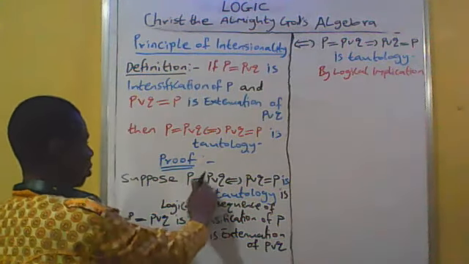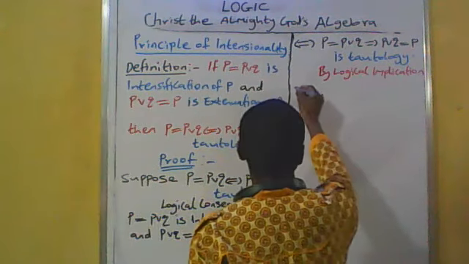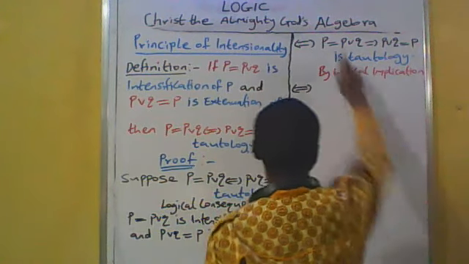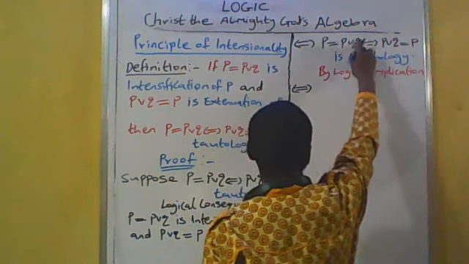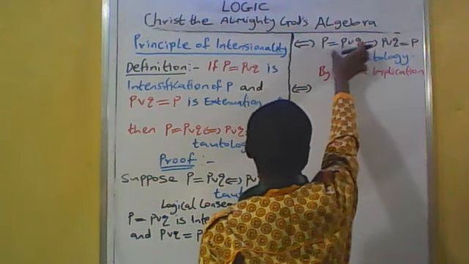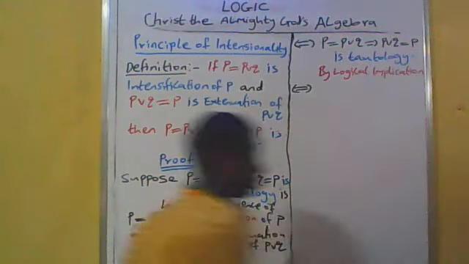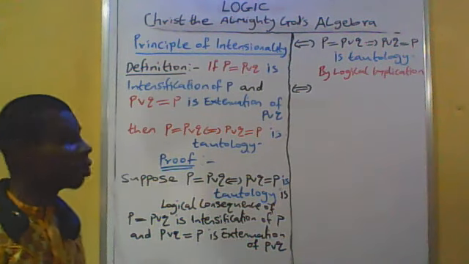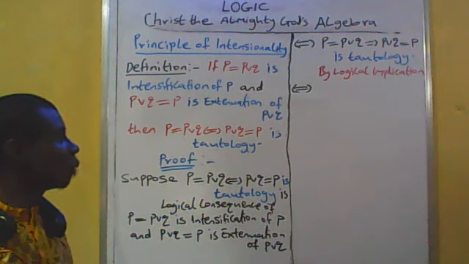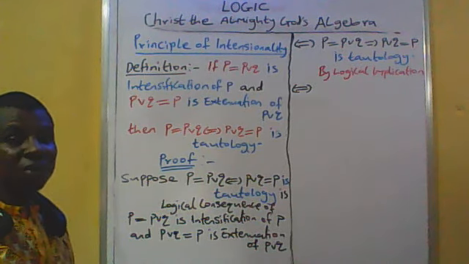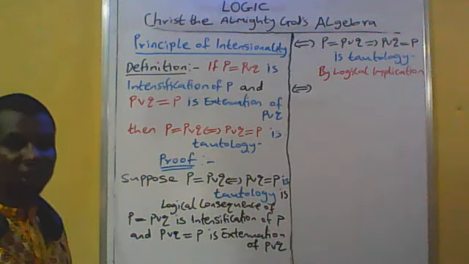From this, by conditional statement, if and only if, since this statement is tautology, P equal to P or Q is a proper implication of P or Q equal to P. We then deduce that it is certain that P equal to P or Q exists.